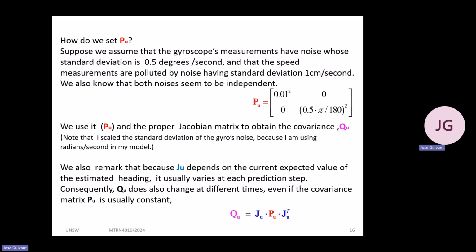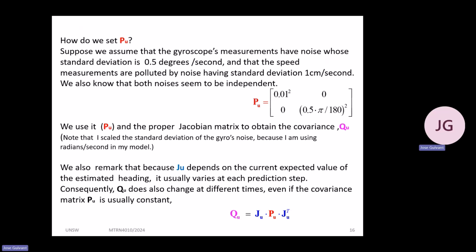That will be 0.01 meters per second. I'm expressing this in meters per second because I use meters per second in my implementation, but the maker told me 1 centimeter per second.